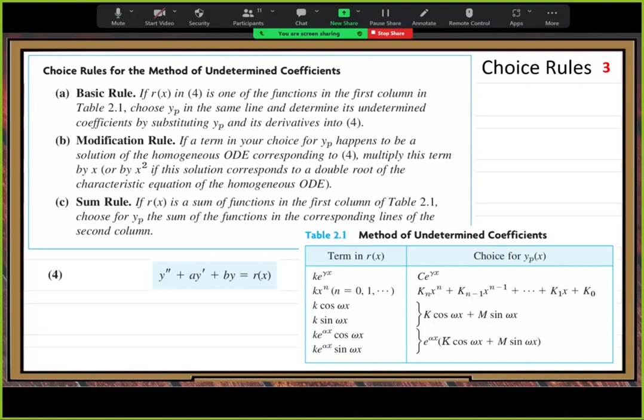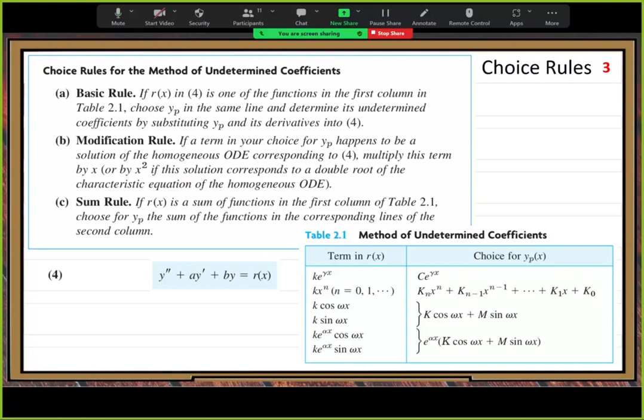Then we multiply by x, or by x squared for double roots of the characteristic equation. To see that modification rule better, we may need to find an example, since here it is too abstract.